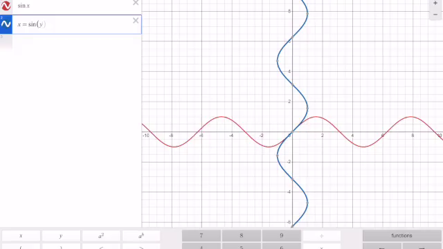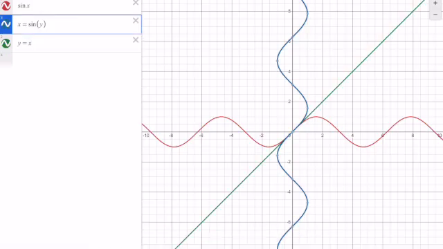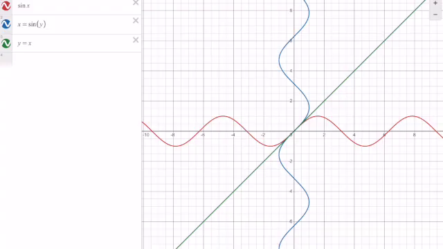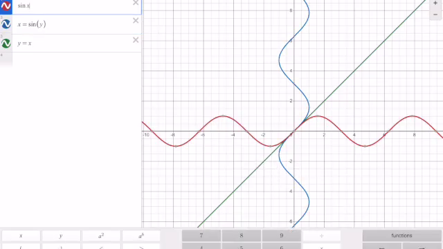So notice, if I have the line y equals x, those are reflected over that. Now, the sine of y is not a function. That's the blue line right here. We notice that is not a function because it does not pass the vertical line test. And we know that sine is not one-to-one because it doesn't pass the horizontal line test.